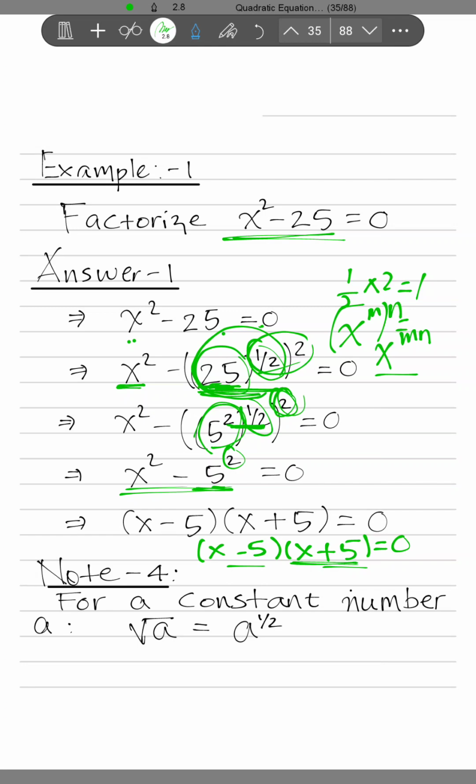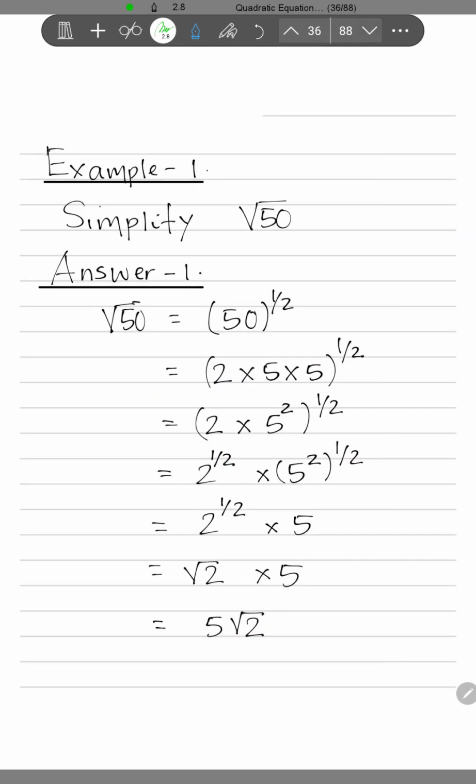Still, we don't need to worry much, but we can have one definition here. For a constant number a, the square root of a means a to the exponent of half. It's just a definition. When we have to simplify the square root of 50, which is 50 to the exponent of half, I have a reason why we have to practice these radicals, because we need to learn irrational numbers at this stage.